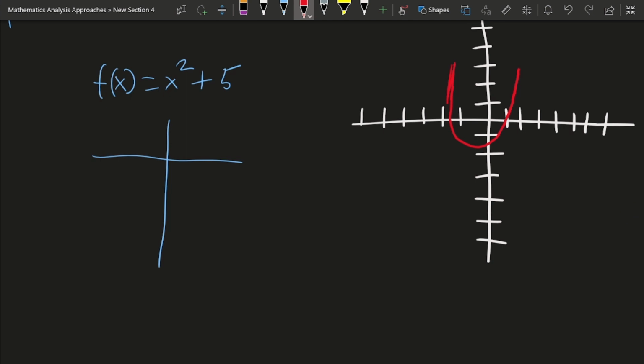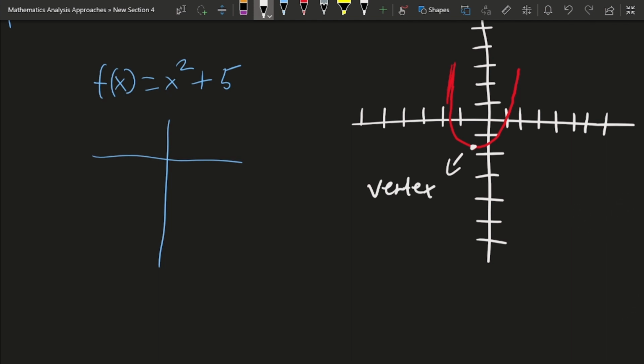At the point where this function turns sides, we go downwards here, but we go upwards on the other side, right? At the point where that switches, that is called the vertex.